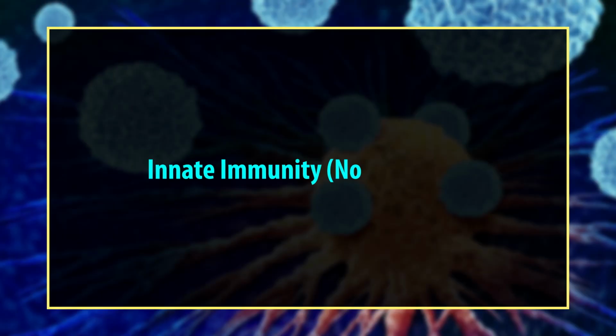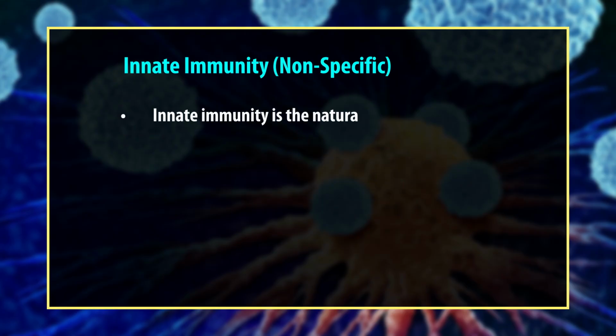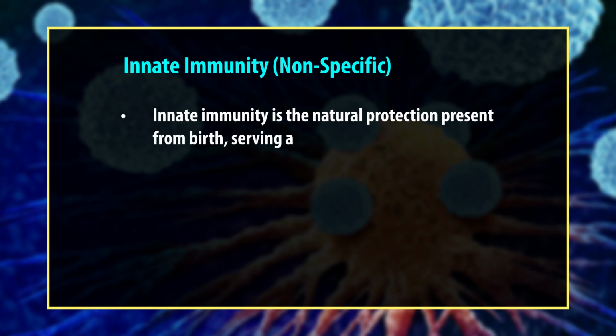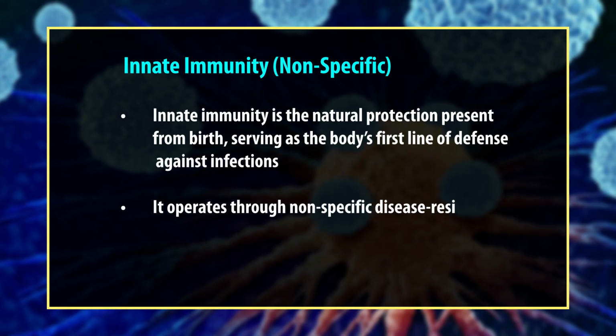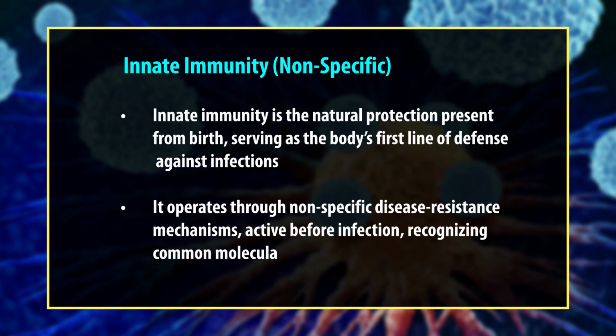First of all, we will be discussing innate immunity, or the non-specific immunity. Innate immunity is the natural protection present from birth, serving as the body's first line of defense against infections. It operates through non-specific disease resistance mechanisms, active before infection, recognizing common molecular patterns of pathogens.